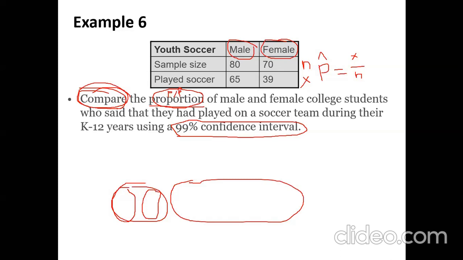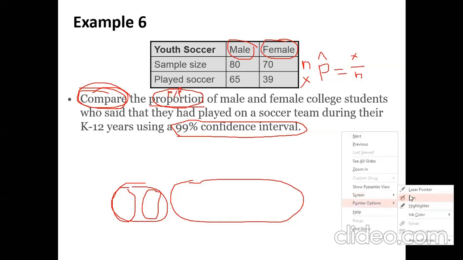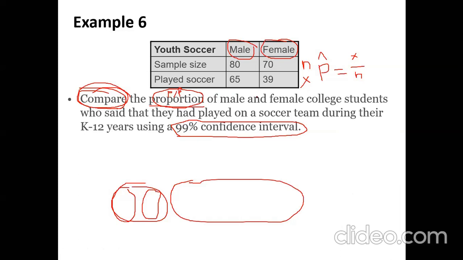But now the question asks you to compare the proportion, so it refers to P and P hat. So compare the proportion of male and female college students who said that they had played on a soccer team during their K-12 years using a 99% confidence interval.